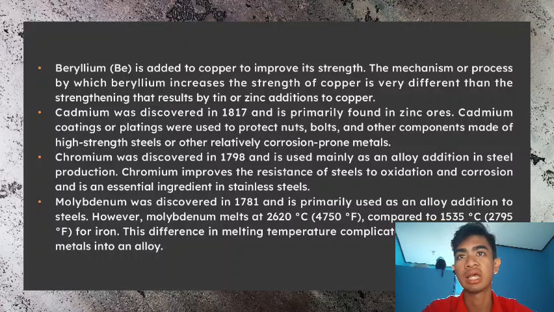Because of its high melting point, molybdenum, along with tungsten and rhenium, is called a refractory metal. The term refractory generally applies to a wide range of ceramic materials made of SiO2, Al2O3, and other high melting point compounds.